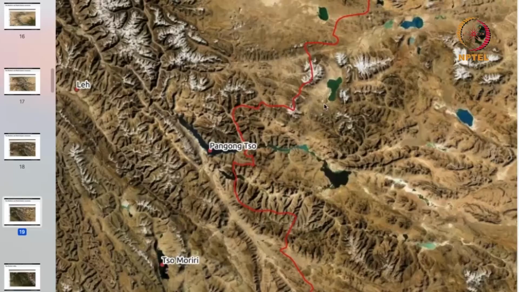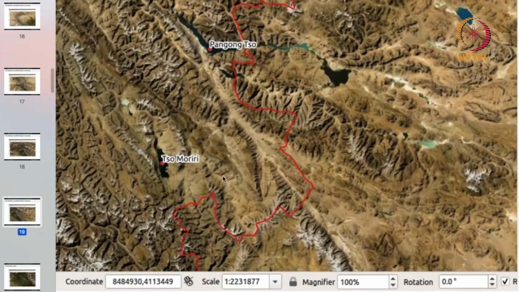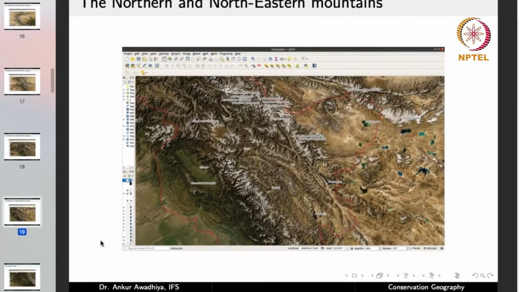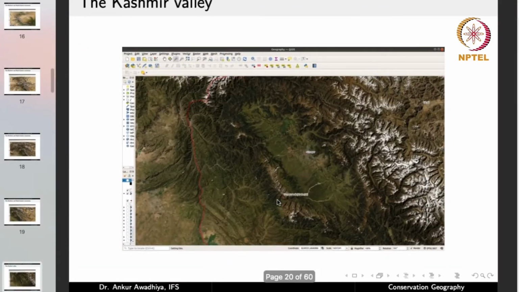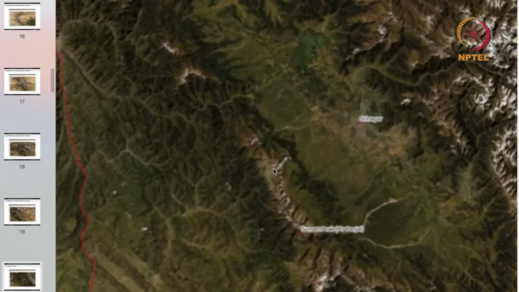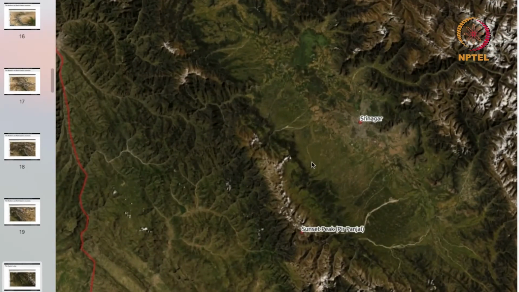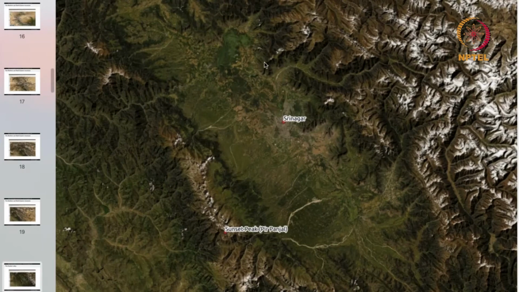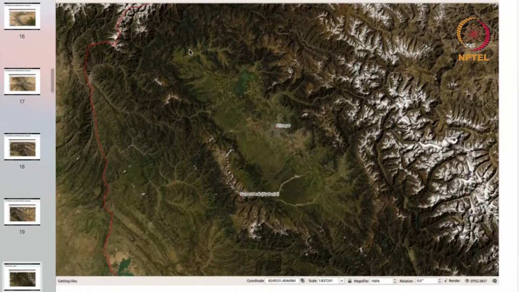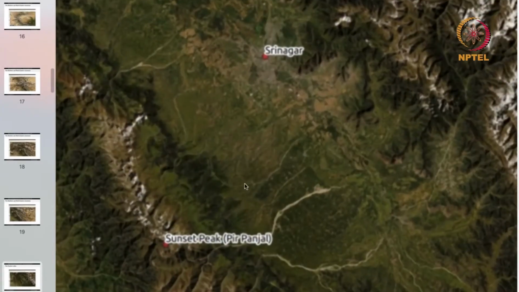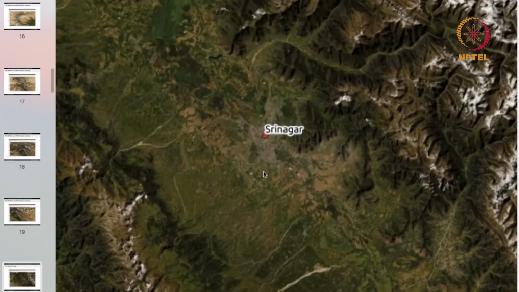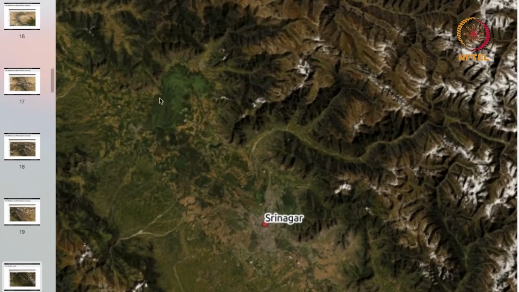In this region we also find a large number of glacial lakes such as the Pangong Tso and the Tso Moriri. This is an enlarged image of the Kashmir Valley. Here you can observe that we have the Kashmir Valley between these two hills, and this is more or less a flat area, and in this area we have lots of drainage, and we also have the lake.